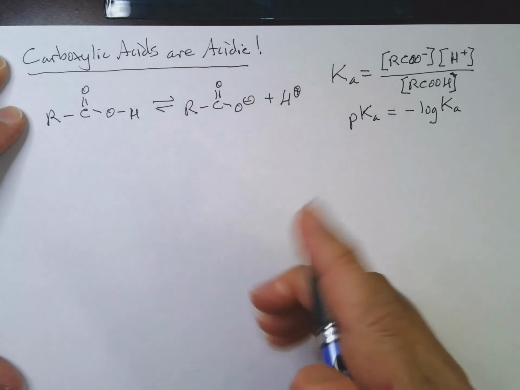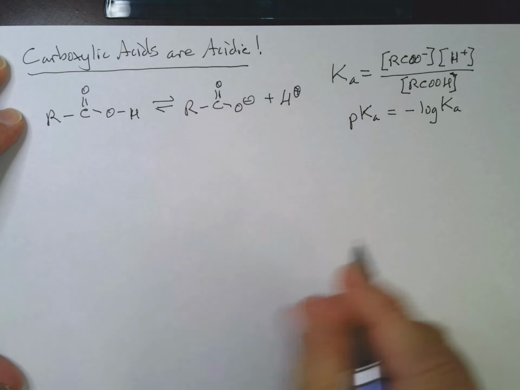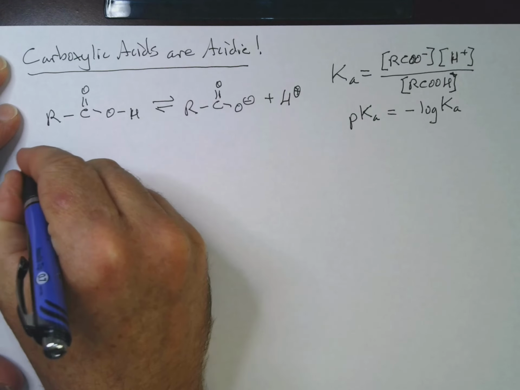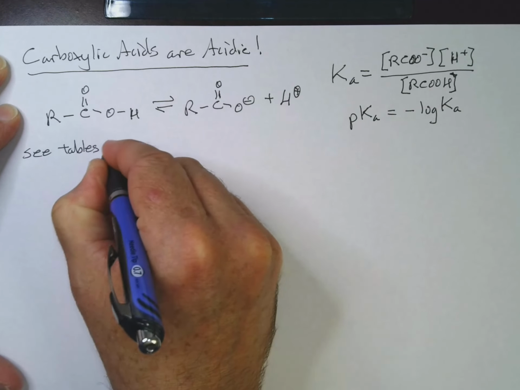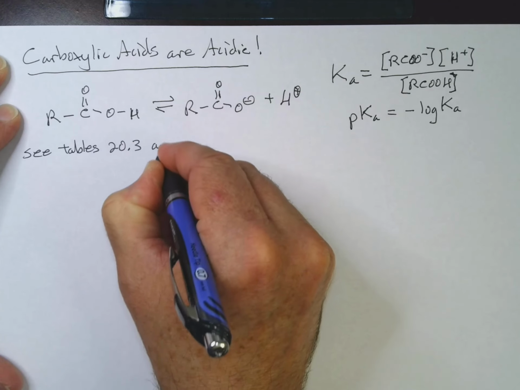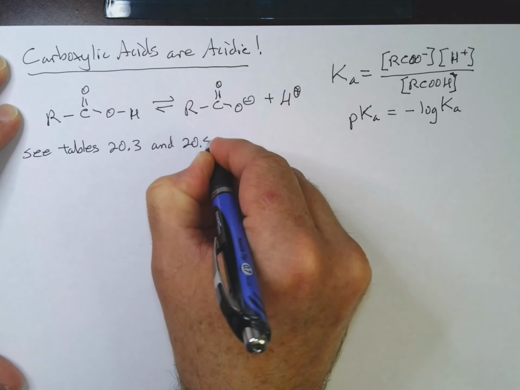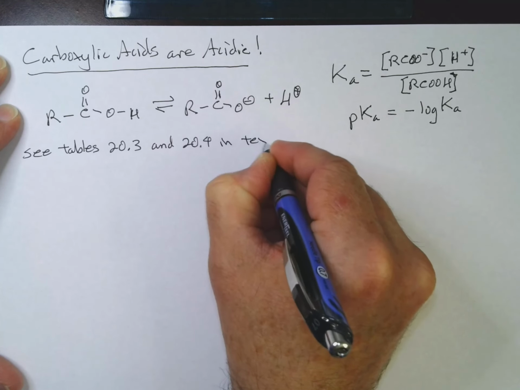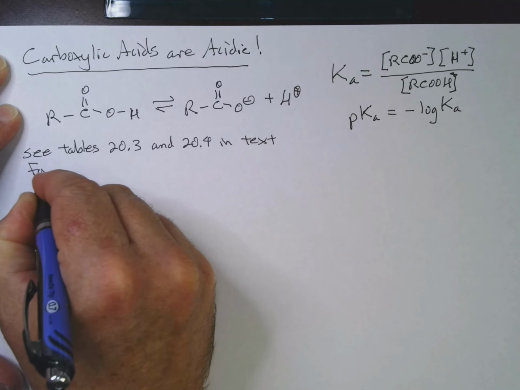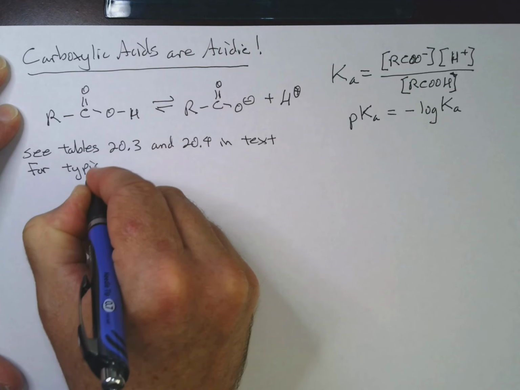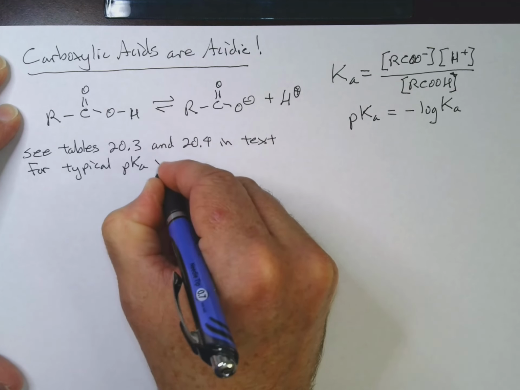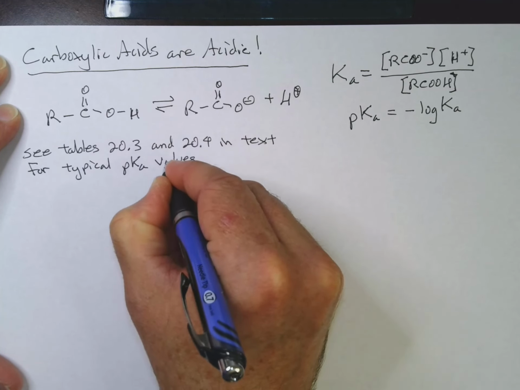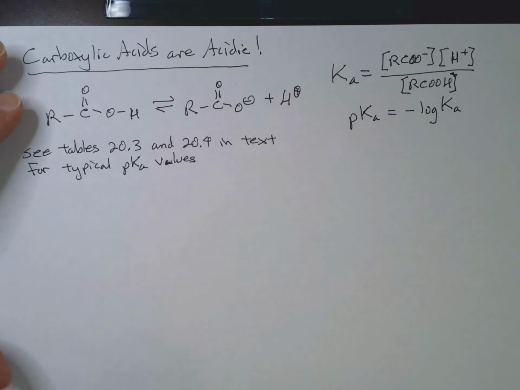And then, of course, our pKa is minus log of Ka. Now, there are some typical pKa values in tables 20.3 and 20.4 in the text. But I'll just give a couple of examples here.